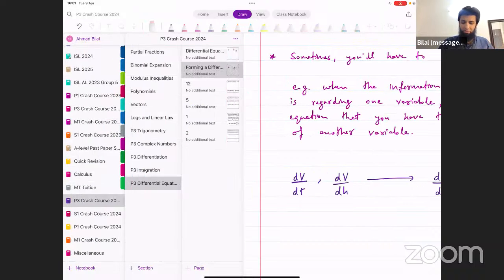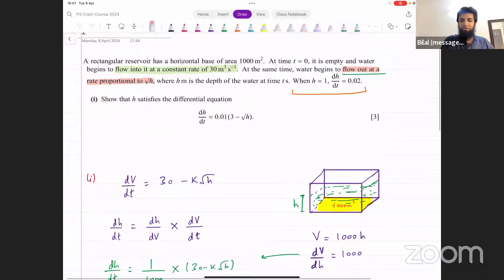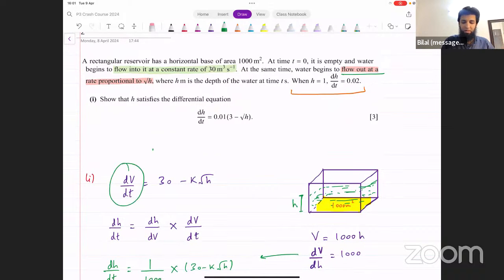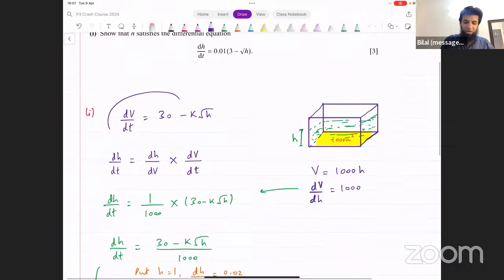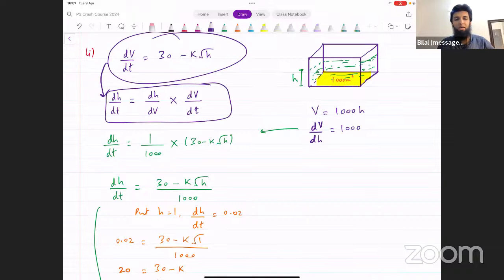So we did question number 2 from the worksheet, where the given information was in terms of volume, and what we had to prove was in terms of h, which was the depth of water. So in order to go from dV over dt, once we wrote this equation, when we had to go to the other equation, we needed to use chain rule here. So sometimes while proving differential equations, you also need to use chain rule. You need to keep that in mind as well.